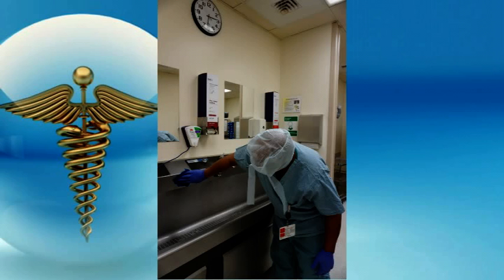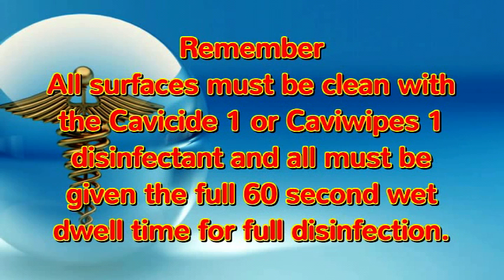Follow through by cleaning and disinfecting the front, side, and lower exterior surfaces of the sink, including any exposed plumbing pipes under the sink. All surfaces must be cleaned with the Cavicide 1 or CaviWipes 1 disinfectant, and all must be given the full 60-second wet dwell time for full disinfection.